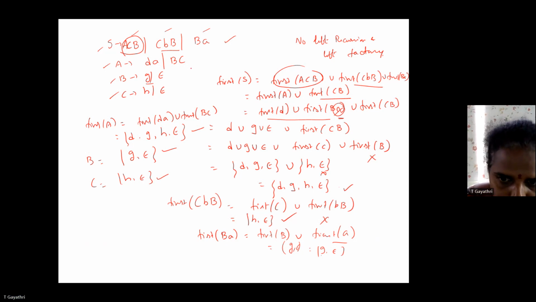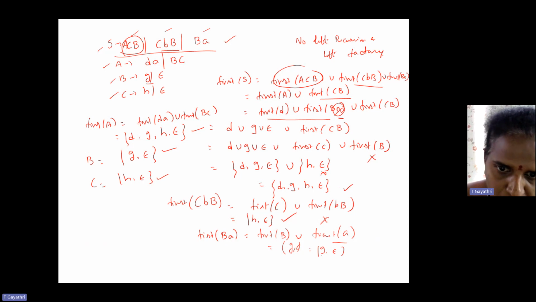So now we can finalize the first of S values. Based on the first condition, that means based on ACB, we are getting the values d, g, h, epsilon, right? And next, based on the second, first of C, that is h, epsilon, right?